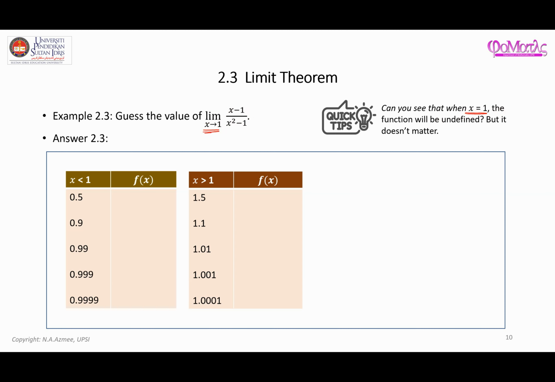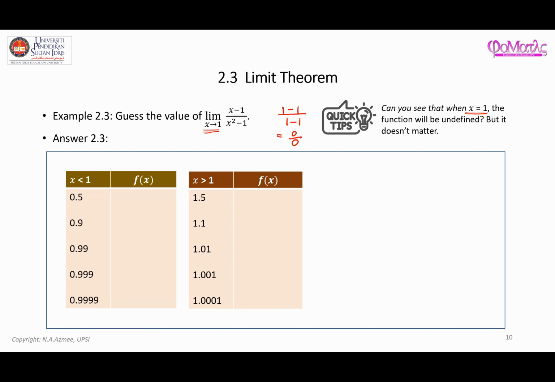This is because if you substitute 1 into this function, you will get 1 minus 1 over 1 minus 1. So here we have 0 over 0, and that is going to cause you a problem in computing the result.